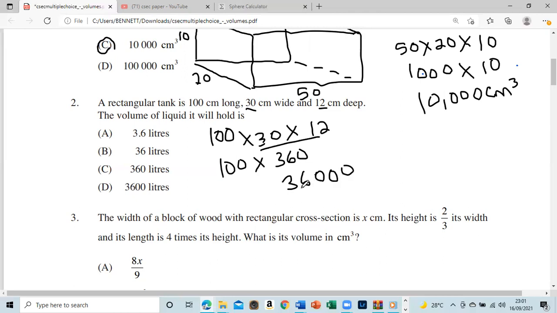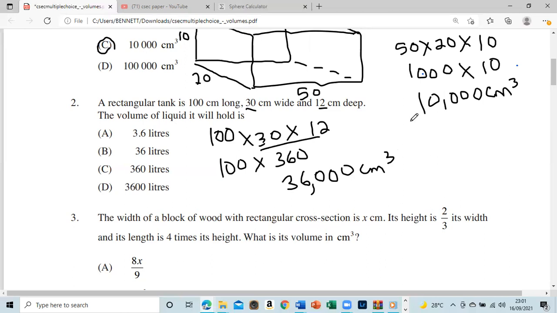Obviously, we're not finished yet. This is cm³, but they want the answer in liters. So 1000 of this make 1 liter.